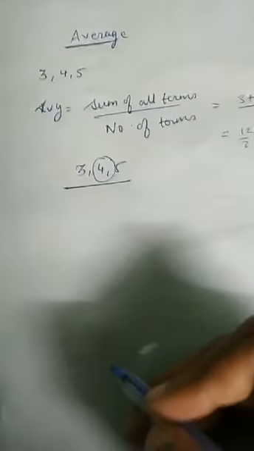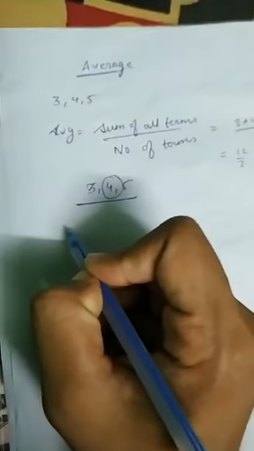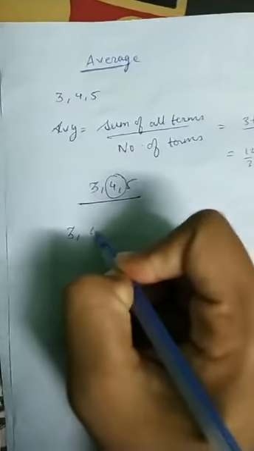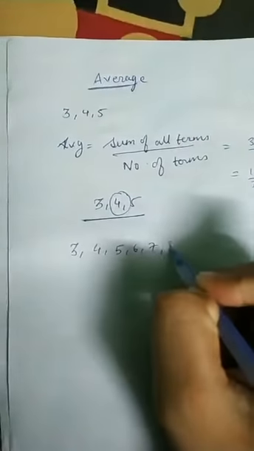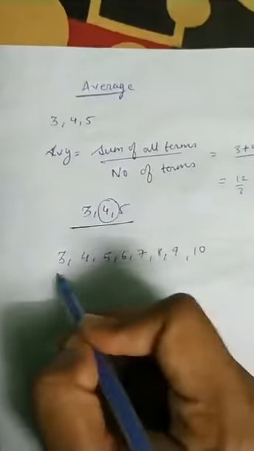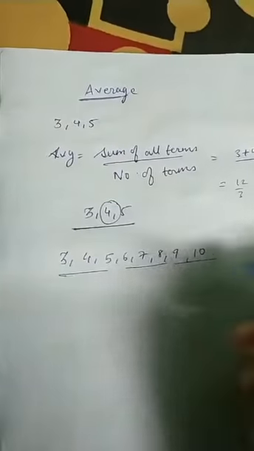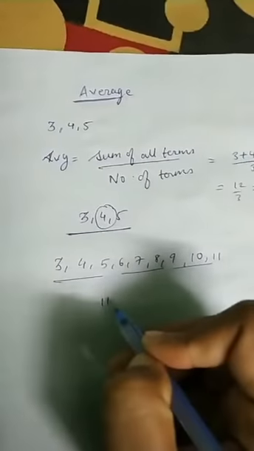So what can we conclude? We can conclude that if we have some consecutive numbers, suppose 3, 4, 5, 6, 7, 8, 9, 10, let's add one more, 11.